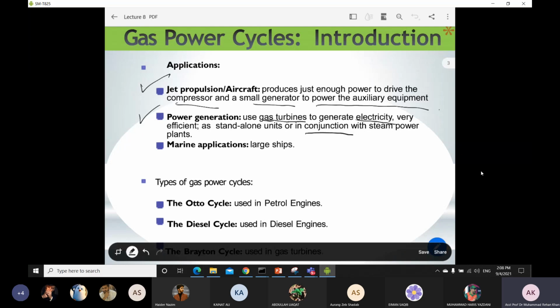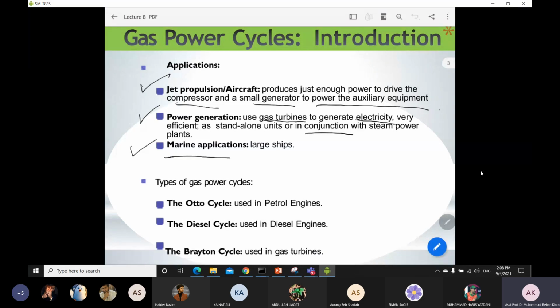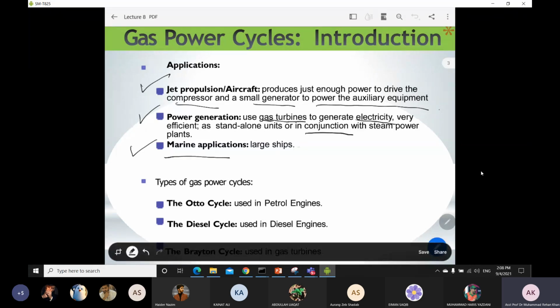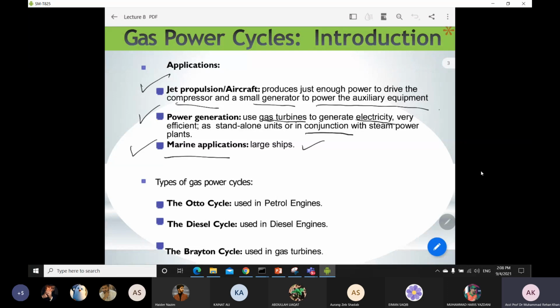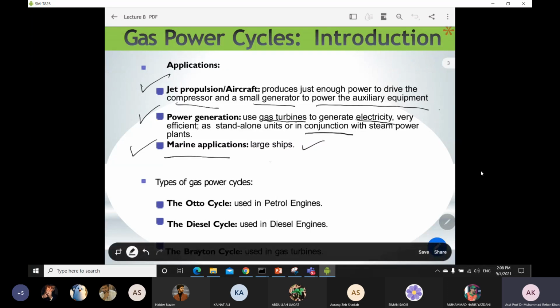We can produce power with one alone as well, but if we want to produce more power, we need to combine both of these cycles. There will be marine applications as well, where we have to get the power to drive large ships. This is also done by using gas power cycles.